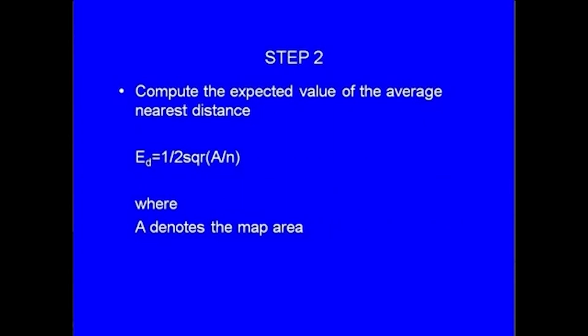Step 2, compute the expected value of the average nearest distance, ED, which is equal to half the square root of A divided by N, where A denotes the map area and N is the total number of points within the map.